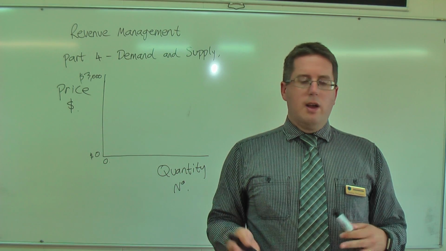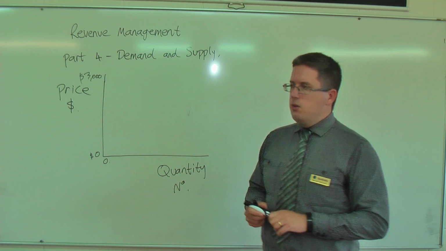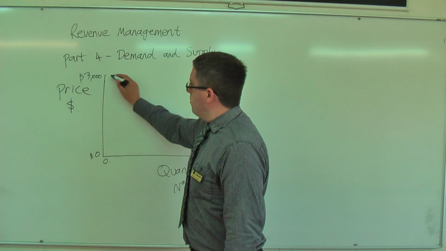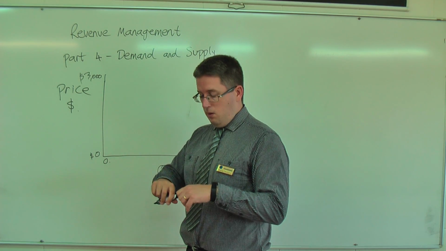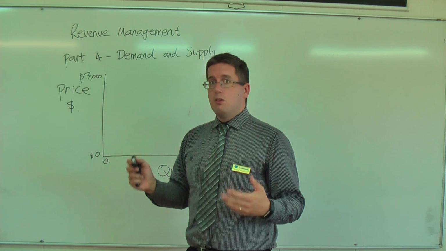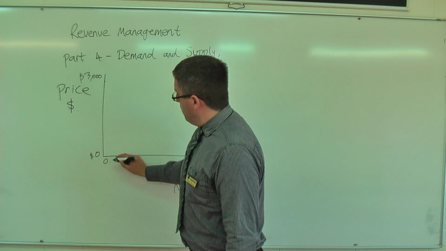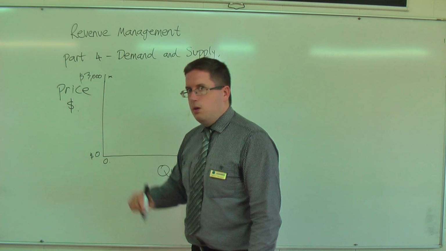What I asked in class is, how many would you buy at each price point? It started at a very high price, and not surprisingly, not many people want to buy a phone at this price because they don't see the value. So at a high price, not many are sold, so maybe it's up here.